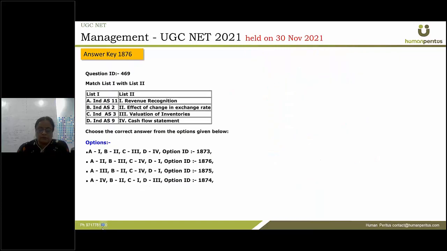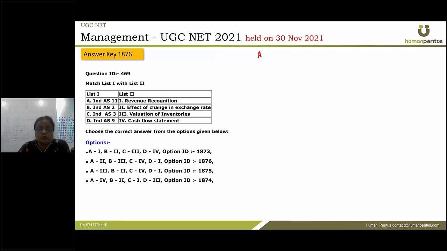Next. Now, in this question, there are two lists in which on the one side they are giving INDAS numbers, and in list 2 they are giving you the nomenclatures of the accounting standard. Now, again, this question is not rightly framed because there are basically two.